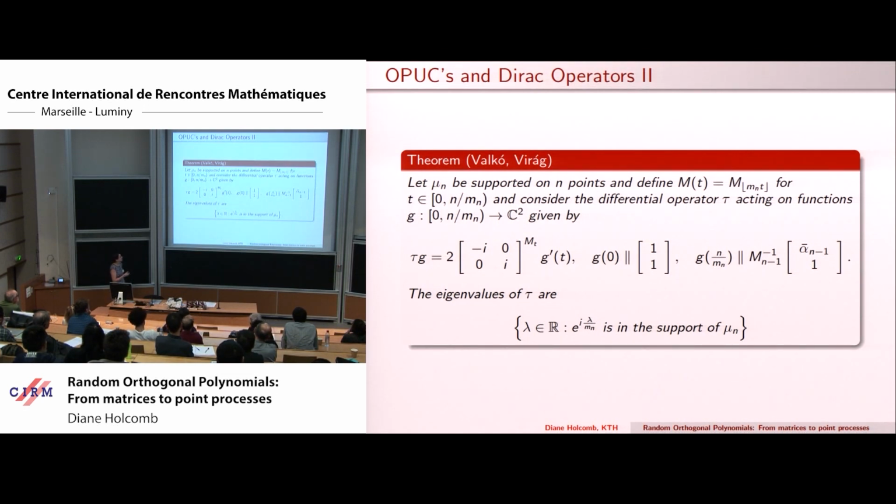And we're going to consider the differential operator acting on functions going to C^2 that's given this way. You just take τ of g to be twice minus i, the diagonal with minus i and i, to the M_t applied to g prime of t. And I'm going to stick in some boundary conditions. I want g(0) to be parallel to (1, 1).